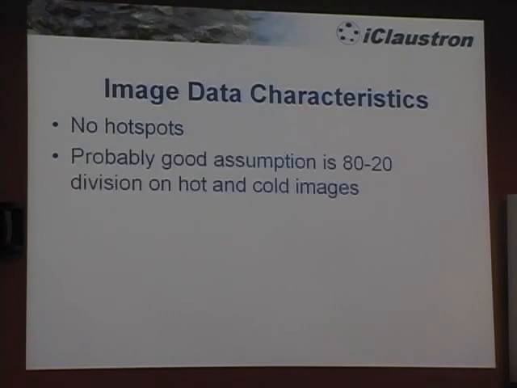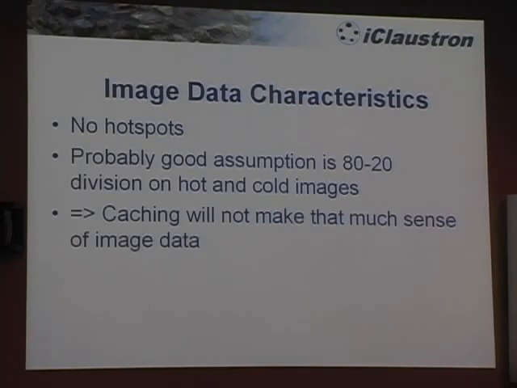If you look at the image data and think about building a system for it, with petabytes of data and all these historical documents, there are really very few hotspots, because American people come from America, Swedish people come from Sweden.